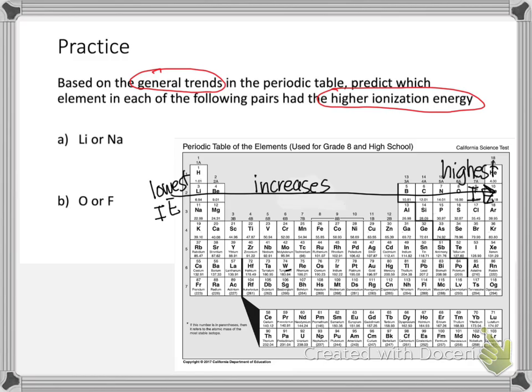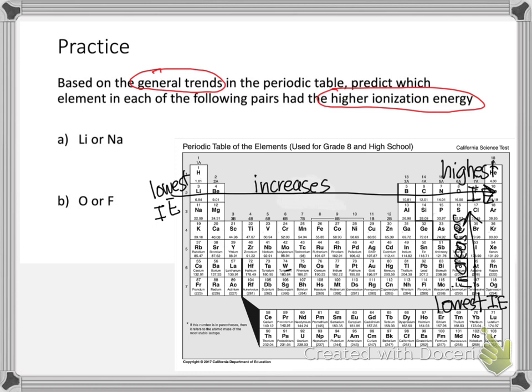Now, when we go up a group, if we can go up any of the groups, it also increases. And so we would have the lowest in the bottom and the highest ionization energy on the top. So let's find out where our elements are.